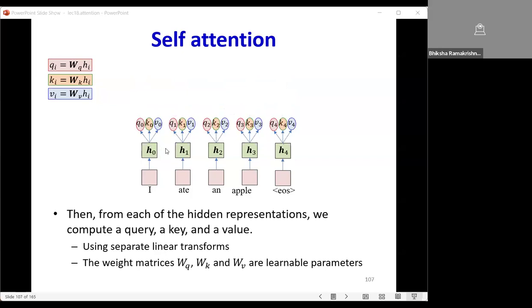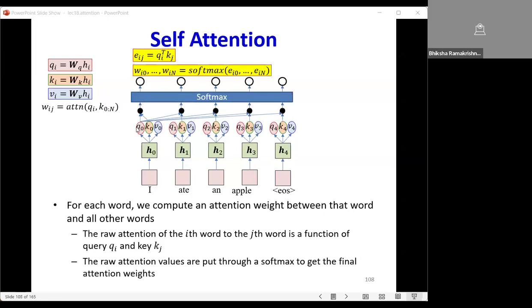Did you get this? That from each of these H's, I can get a query, key, and value, just by having 3 different matrices, correct? Then I can take the query for H0 and apply it to K0, K1, K2, K3, K4. And that will give me a bunch of attention weights for H0, H1, H2, H3, and H4, right?